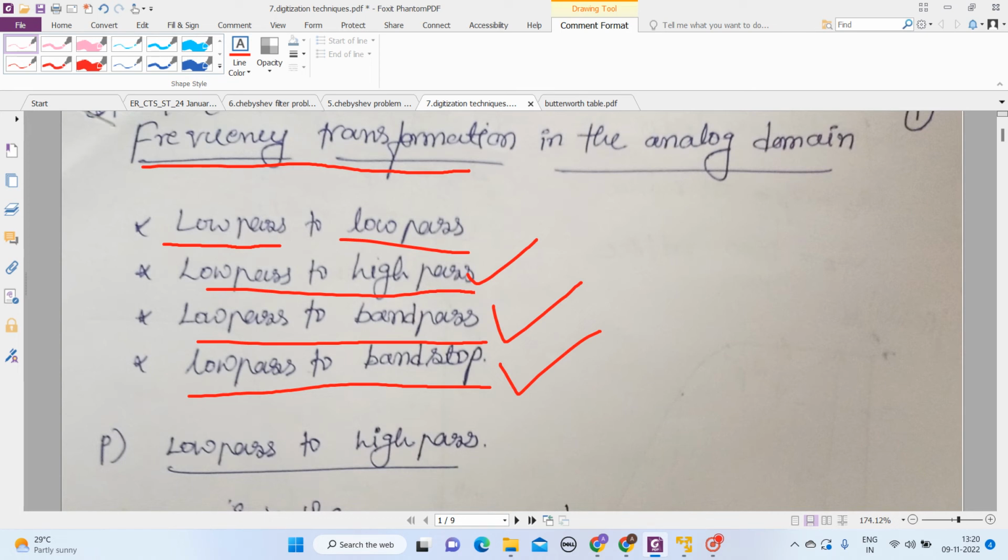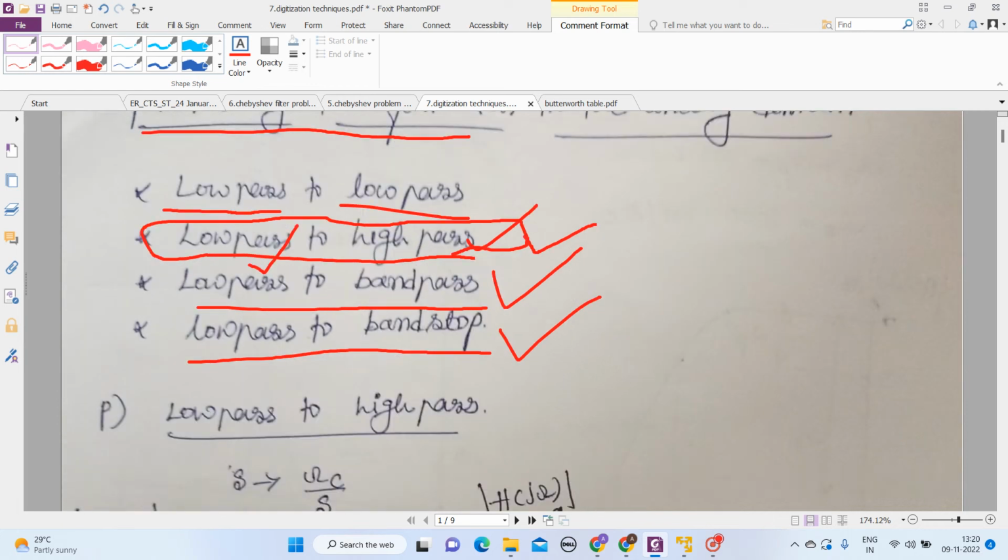In this video we will discuss the frequency transformation low pass to high pass, how to do this. From the exam point of view, usually they will ask the question from this: design a high pass filter using the low pass filter specification. So we will see this one problem.